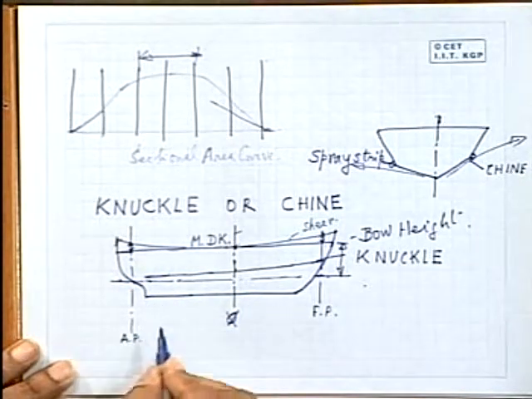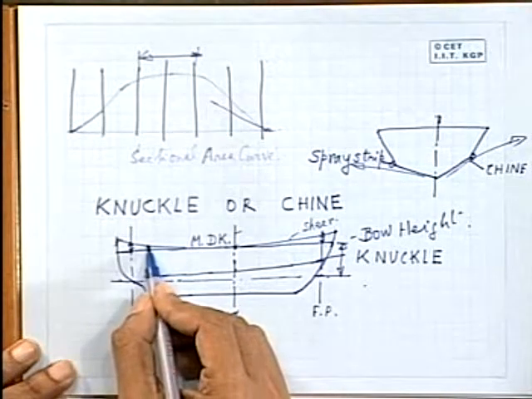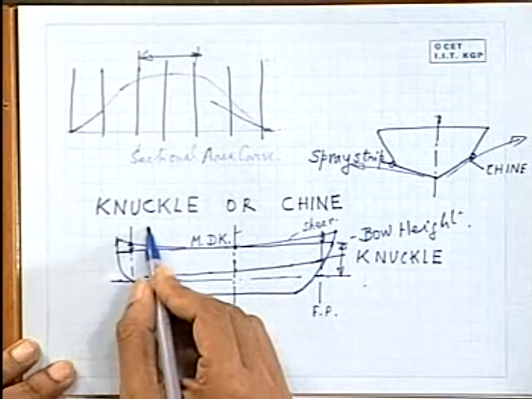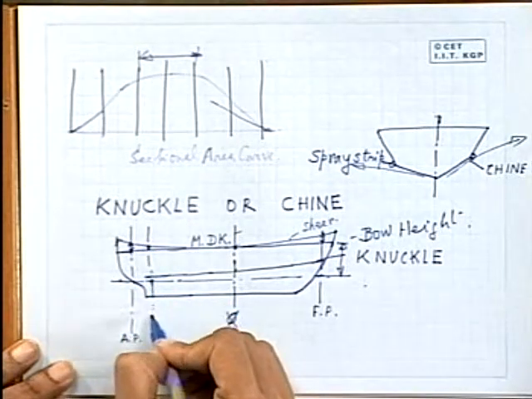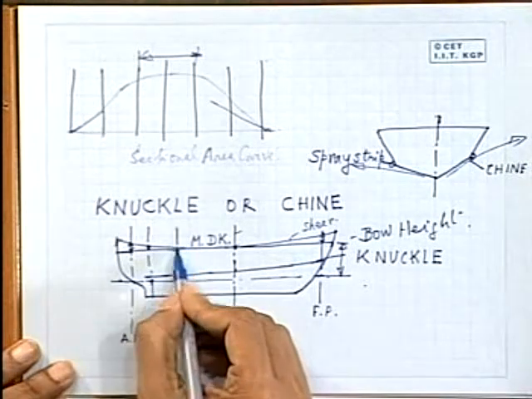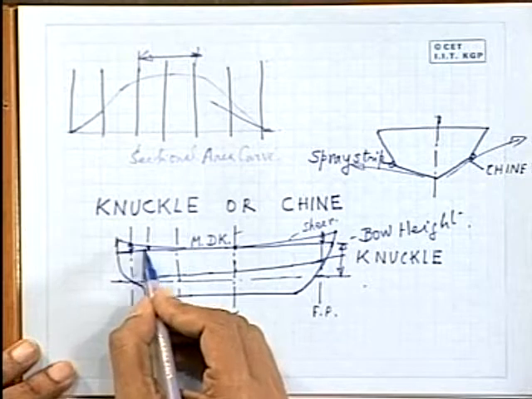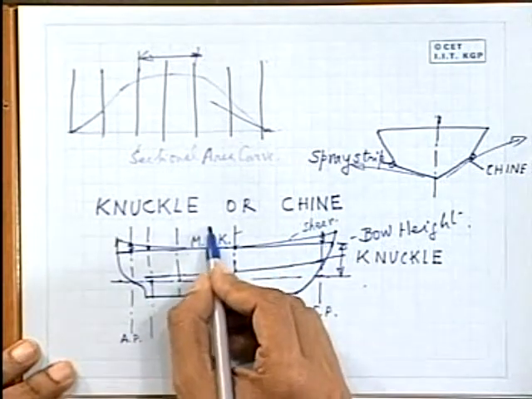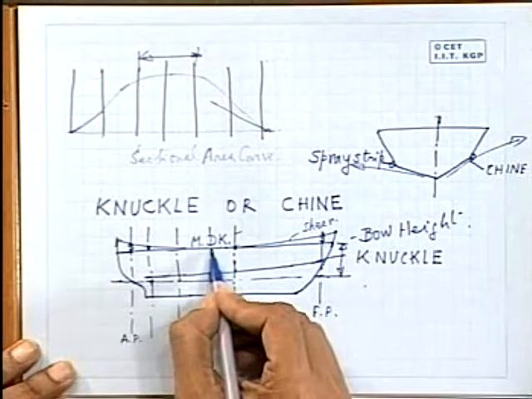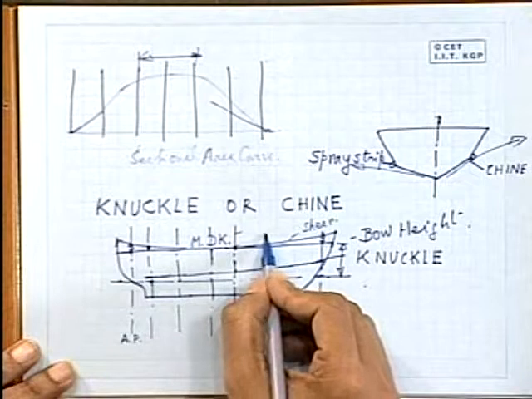Now in between the stations also you can measure the shear, and normally in the load line rules, the International Load Line Conference has formulated certain rules by which one can calculate the shear ordinates. So these vertical distances from the horizontal line are called the shear ordinates.